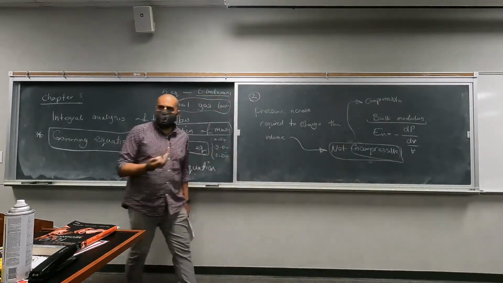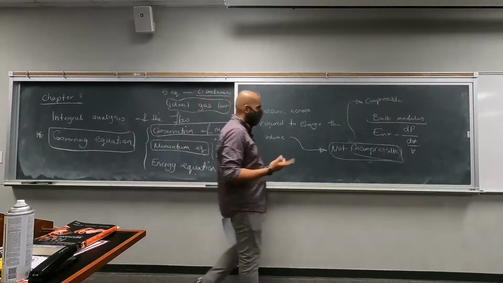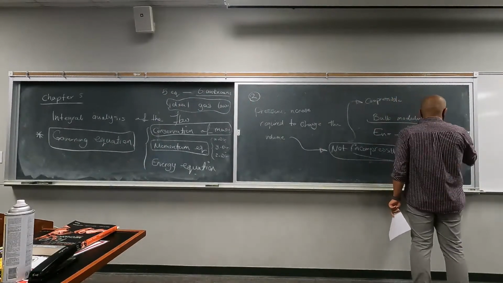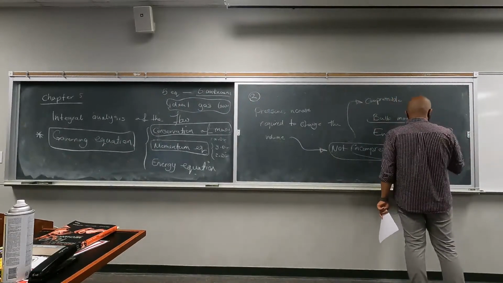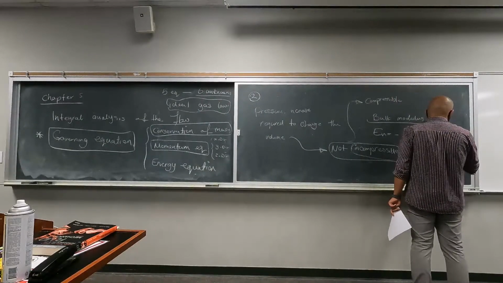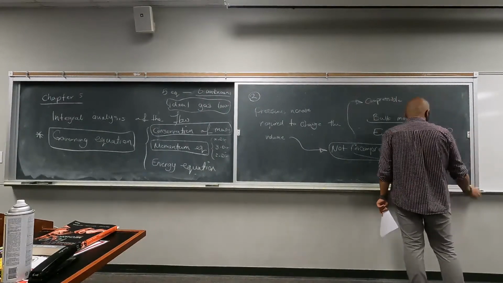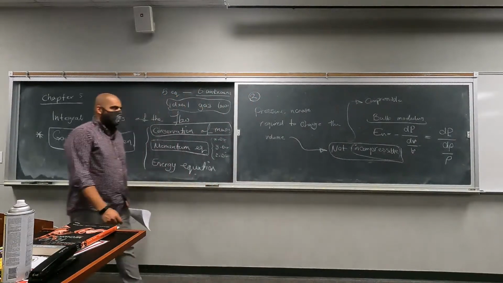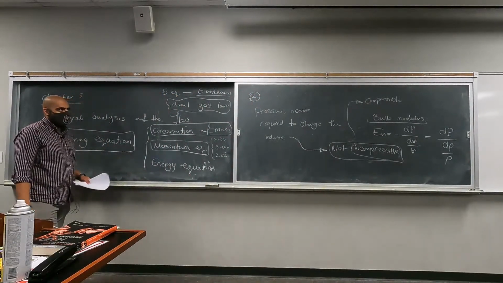It can be initial or final volume; that doesn't really matter. Or we can actually have the same equation in terms of density: dP divided by d rho divided by rho. Okay? The difference is just a negative sign.